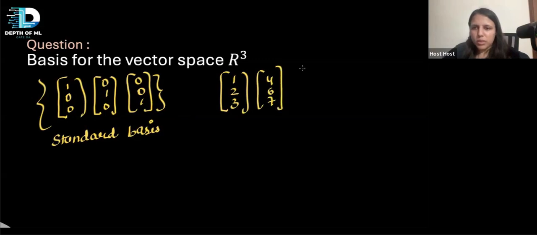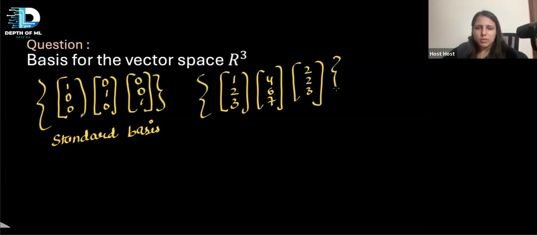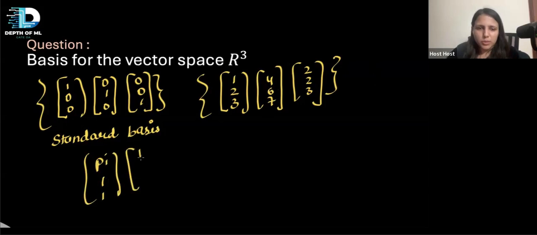I'm just assuming that these are linearly independent. 5, 8, 10. Okay, these are linearly independent. Fine. And someone said pi, 1, 1. Then you said 1, e. e is, I think, the exponent e, and also 0, 0, 1. Right.